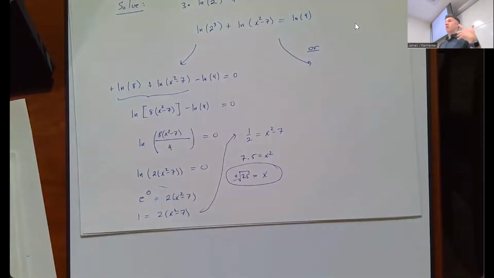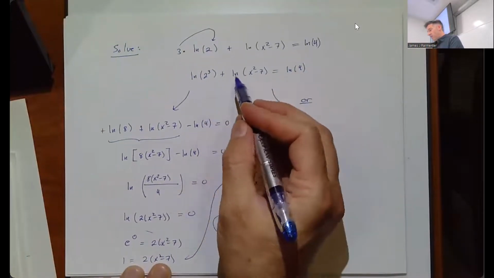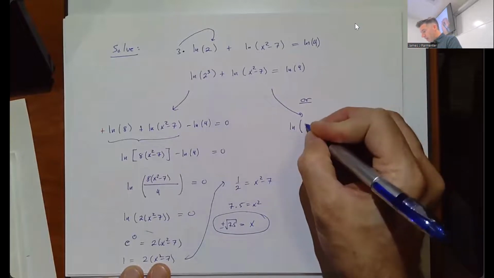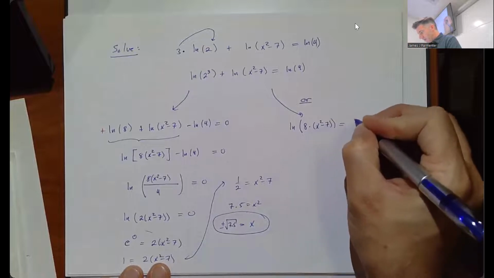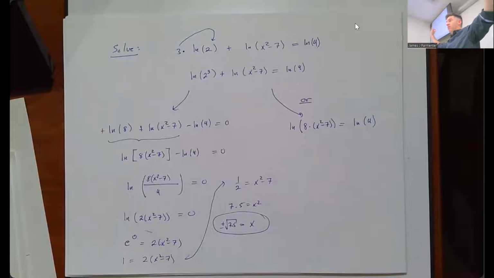But the easier way to solve this, just so you all know, would have been to go from here and just combine the things on the left. I can say that the natural log of 8 times x squared minus 7 is equal to the natural log of 4. And then if 2 natural logs are equal to each other, their insides have to equal each other. Right? There's no way that natural log of something equals natural log of a different something.